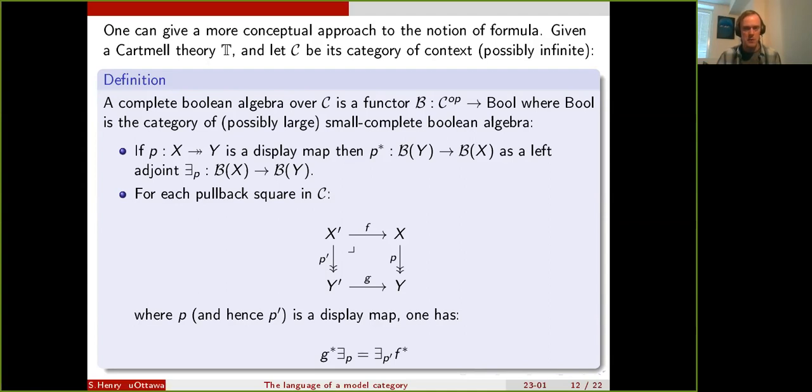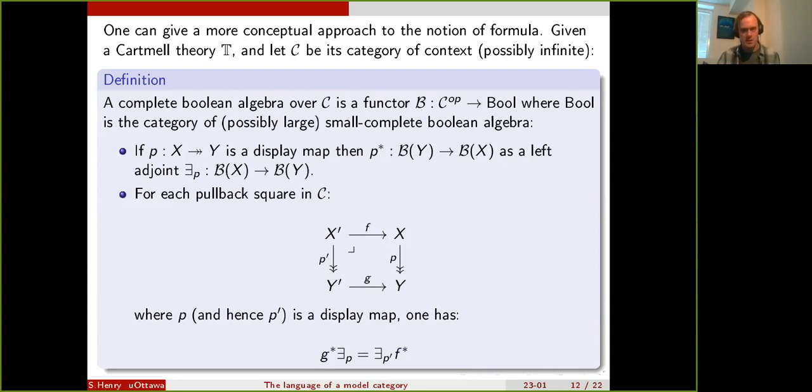If you start from a formula in context X, the main example of this complete Boolean algebra over C would be formulas later, but it's just an element of the Boolean algebra evaluated at X. If you first do existential quantification along P and then pull back along G, or if you first pull back along F and then do existential quantification along P prime, then you should get the same element of B of Y prime. We call this a Beck-Chevalley condition.